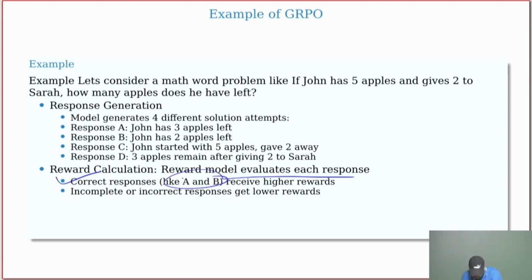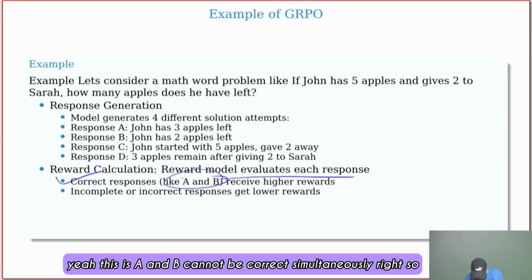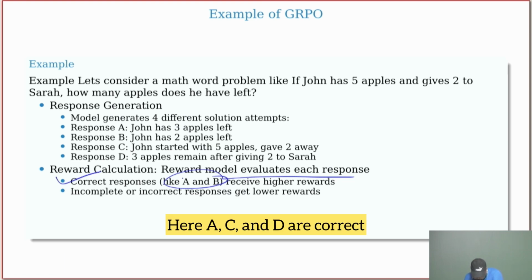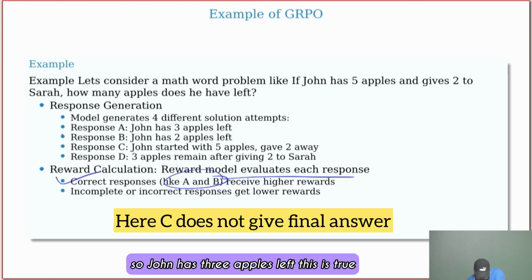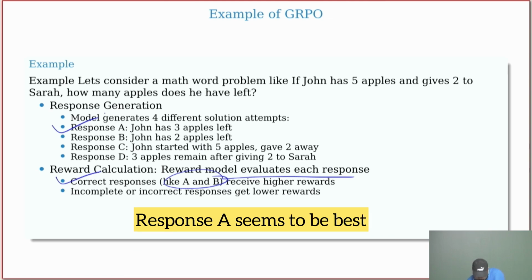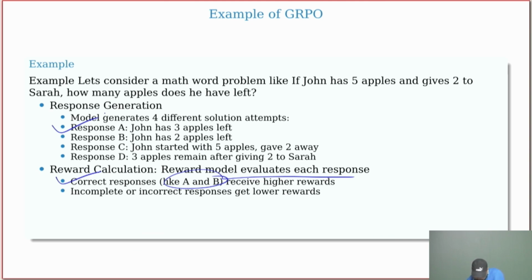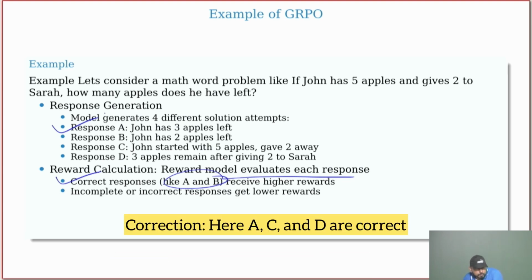Actually, A and B cannot be correct simultaneously, right? John has 3 apples left. This is true because he gave 2 to Sarah, right? And 3 apples remaining after giving to Sarah, so D is also correct. Yeah, D should be there.